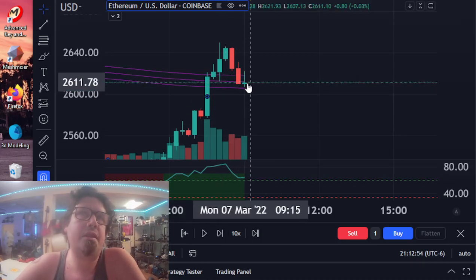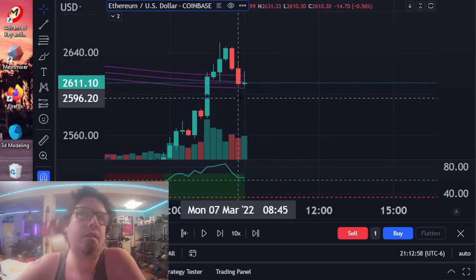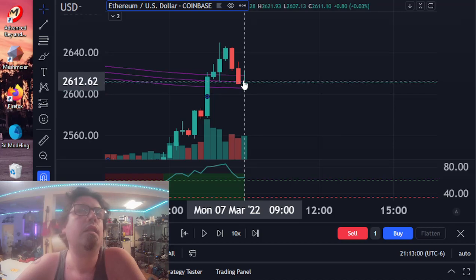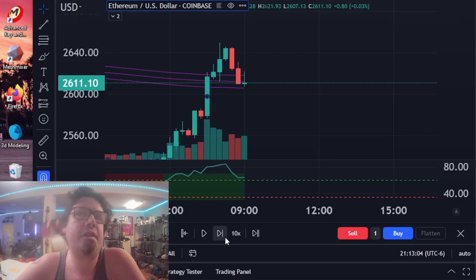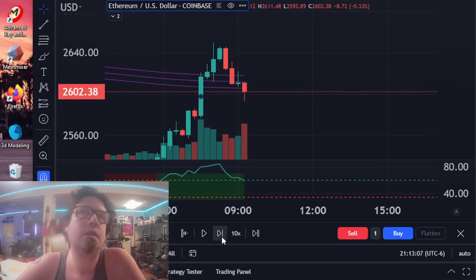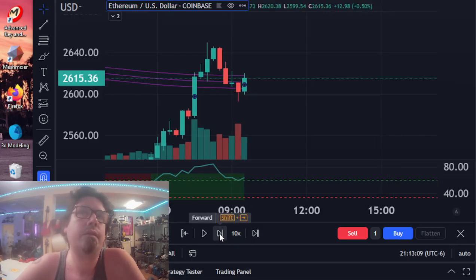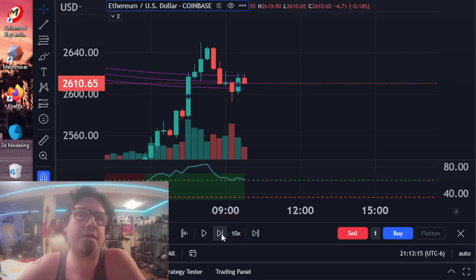See, normally, if it's green, we're expecting a short. I meant to say if it's green, we're expecting a long, but because of the wick, you can expect the other direction.